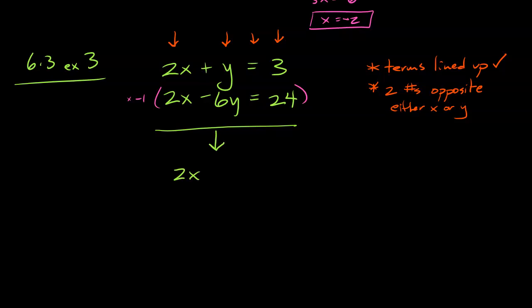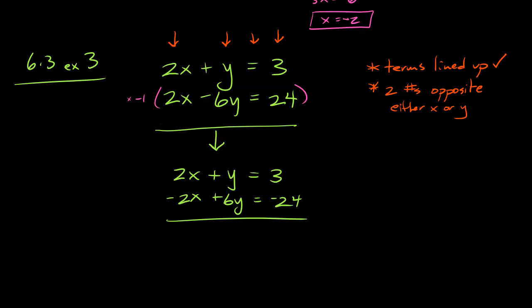And I'm going to rewrite both equations. The bottom equation is now -2x plus 6y equals -24. And it's a valid way to solve these if you multiply a whole line by a number.